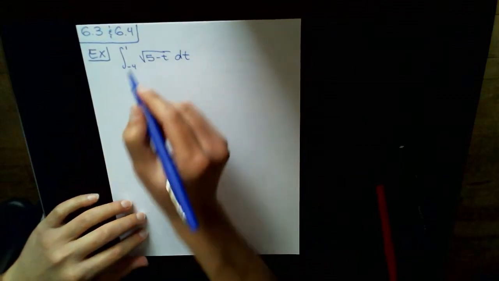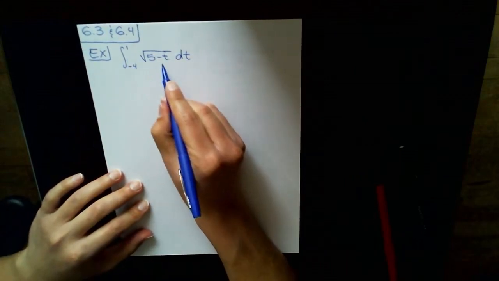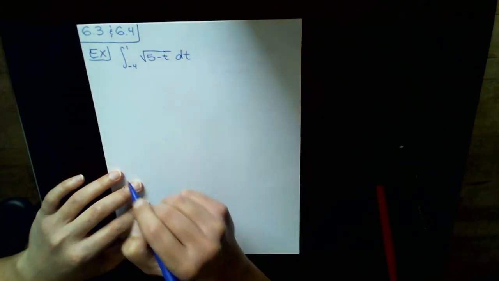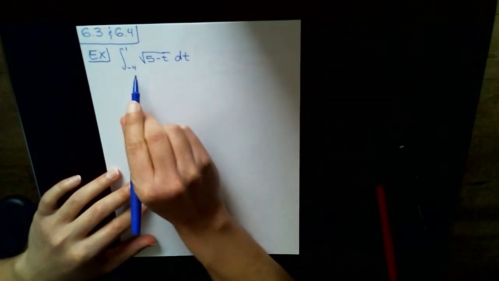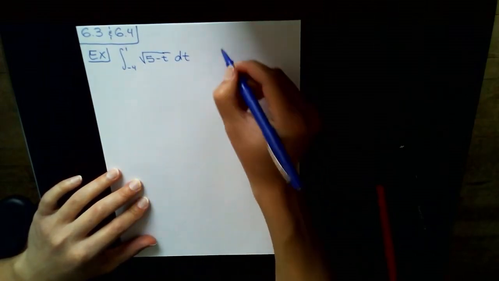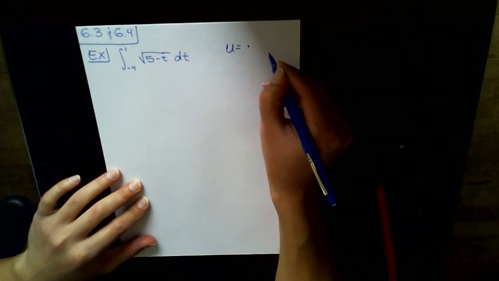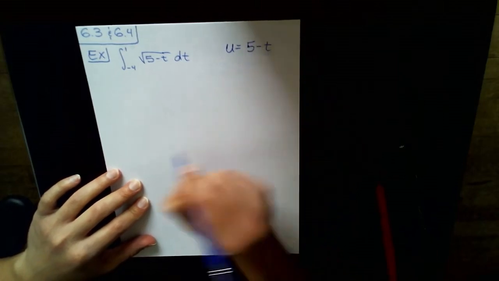We have the integral from -4 to 1 of the square root of 5 minus t dt. So notice the complicated function in this is that square root. So we're going to let u equal what's inside of the square root, which is 5 minus t.